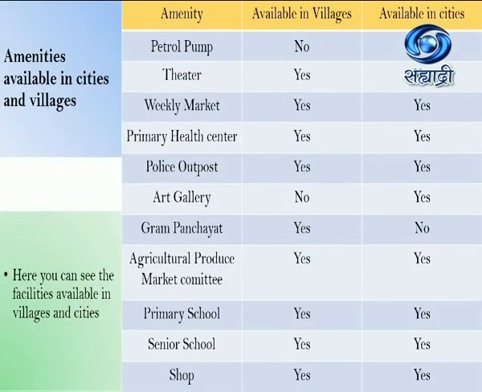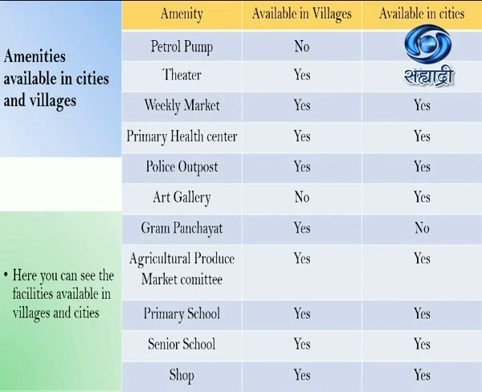Now, as we have seen that in India we find nucleated as well as dispersed settlements, isn't it? Let us see what amenities, that means the facilities, are available in the villages, that means the rural areas, as well as in the cities, that is the urban areas. As you can see on the screen, you will see a similar table in your textbook.